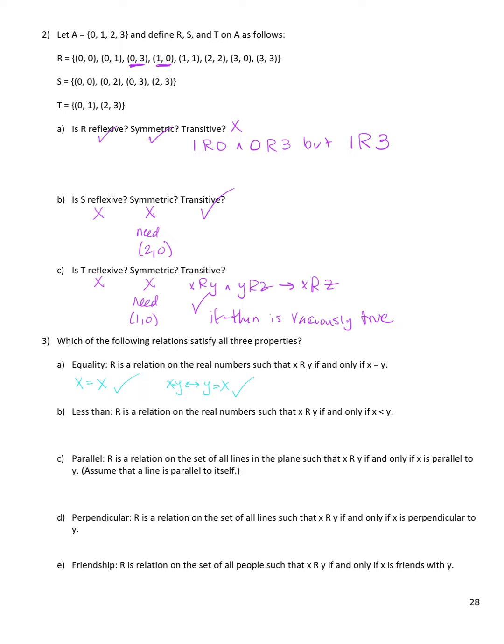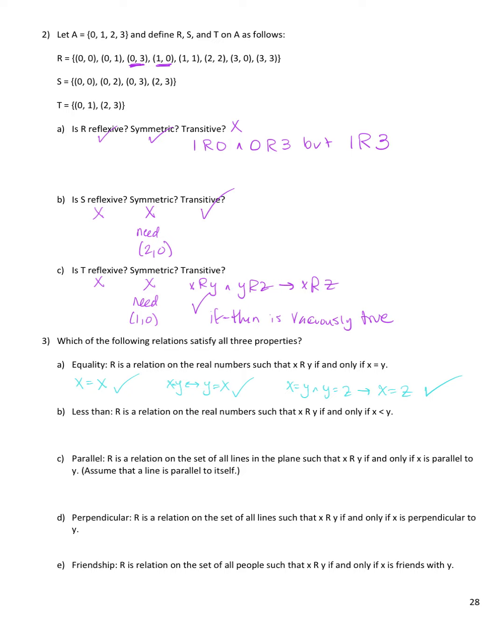And if X equals Y and Y equals Z, then X equals Z. Yes, that is also true for equality. So equality is an equivalence relation. Okay, it satisfies all 3: reflexive, symmetric, and transitive.